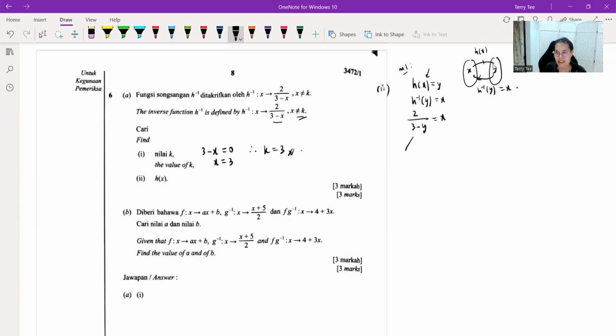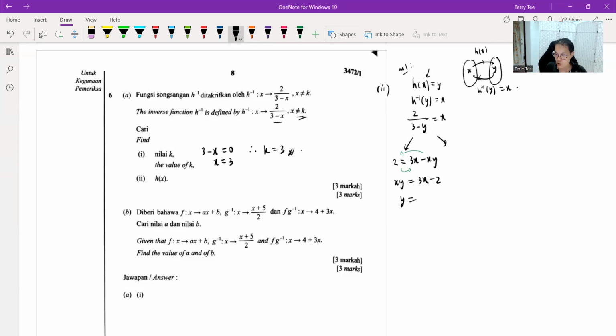Now, again, here you have two different methods. Some people multiply up one by one, as in they write 2 equals 3x minus xy. Since I'm finding y, we make y as a subject. I'm going to bring this over, right? So I got xy equals 3x minus 2. Since I'm finding y, I divide.